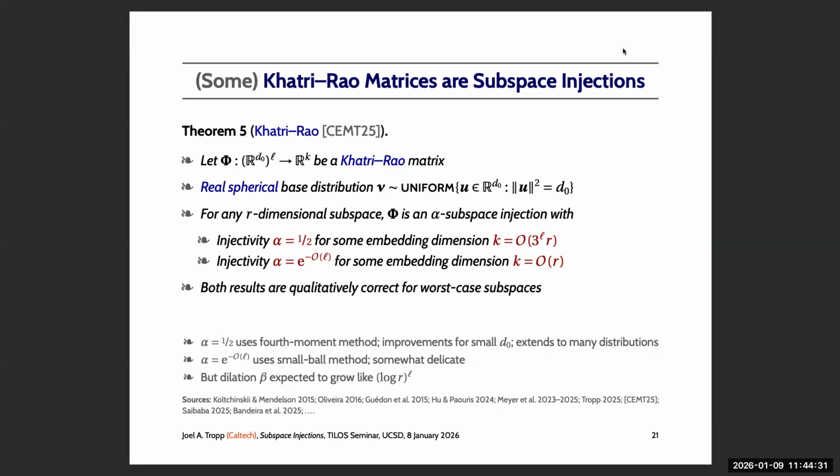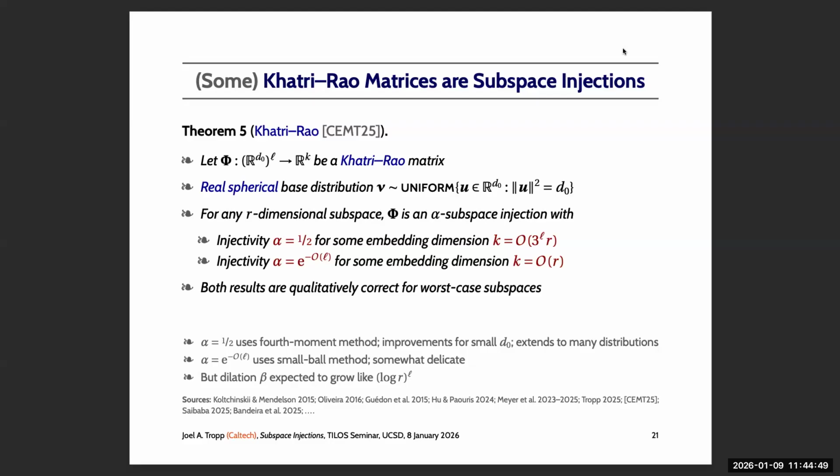That holds provided that the embedding dimension is proportional to the subspace dimension times a factor that is exponentially large in the number of tensor factors. Okay. So this is a very big prefactor here.